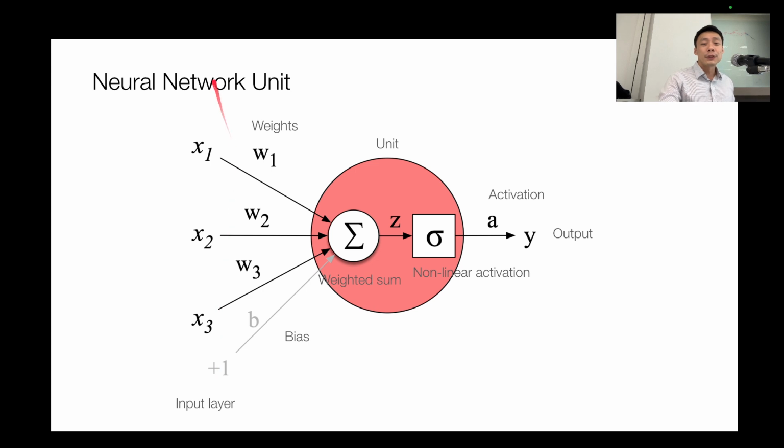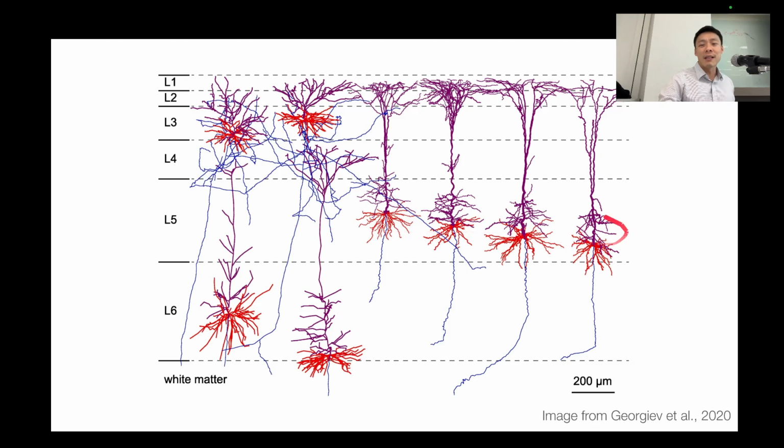This is one layer. You can see that this one layer doesn't have connections within the layer. It just forms a layer and they don't connect to each other.